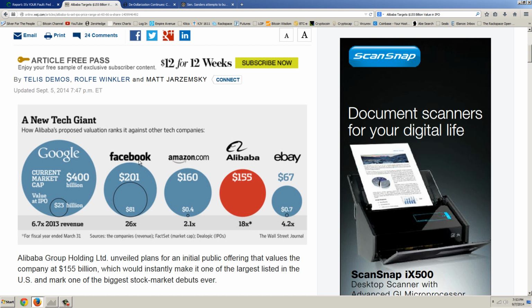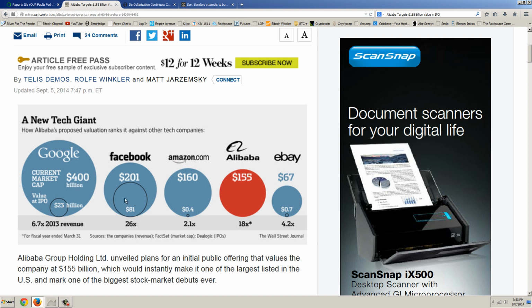Now, these are the valuations, I believe. Yeah, current market cap value at IPO. Okay, so that was the IPO value of $23 billion. So this is the current market cap, the large circle, and the smaller circle is the value at IPO. All right, so you can see that Alibaba is IPOing at $155 billion.